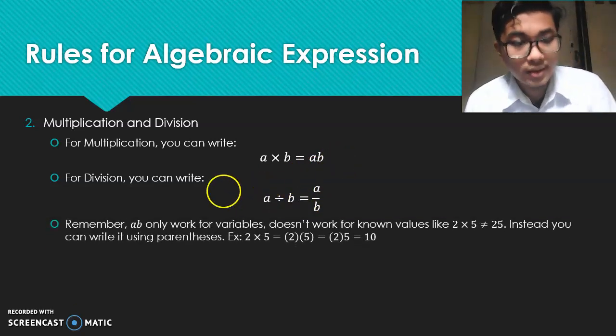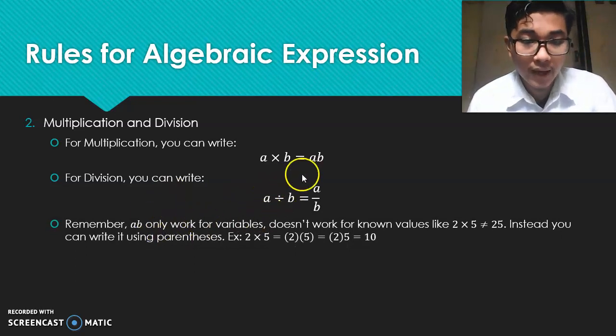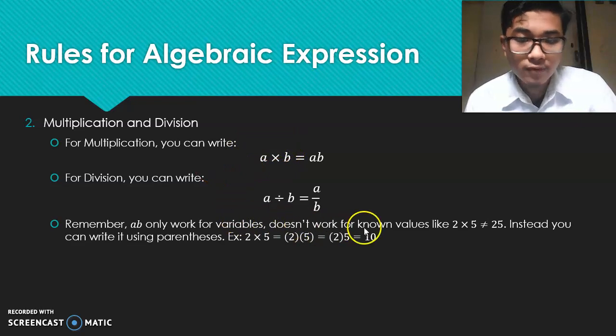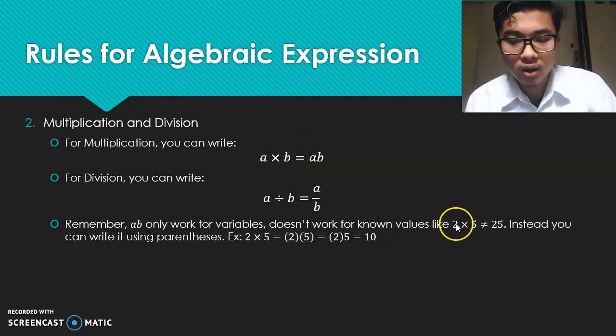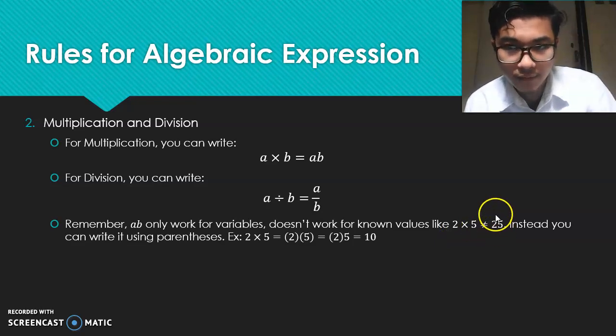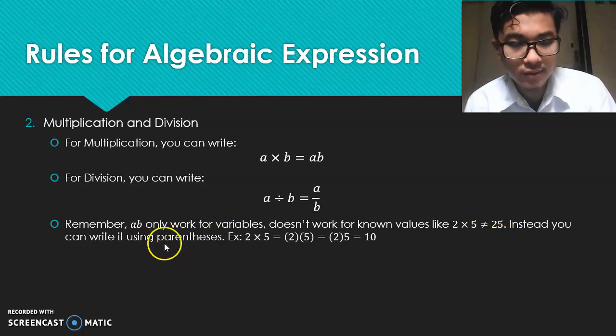Okay, the next rule is, remember, ab only works for variables. See, two of them are variables, okay? It doesn't work for known values like 2 times 5 unequal to 25, okay? It doesn't work like this. So instead, you can write it using parentheses.